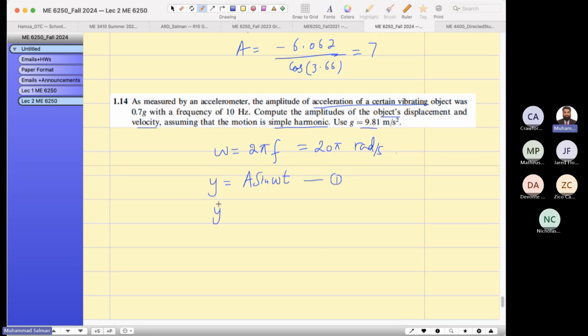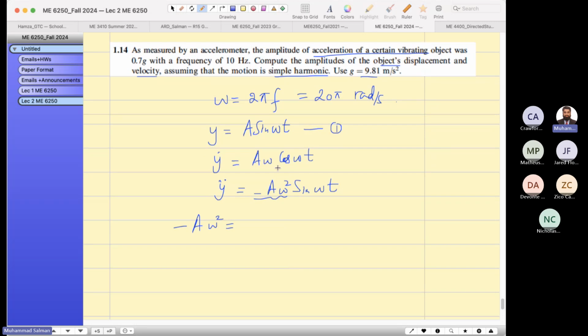What is the velocity formula? A omega cosine omega t. And what is the second derivative of position? It is negative a omega square sine omega t. So amplitude of acceleration is whatever the coefficient of sine omega t is. That is equal to 0.7 g.